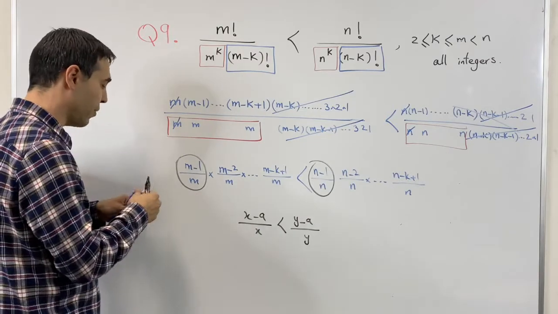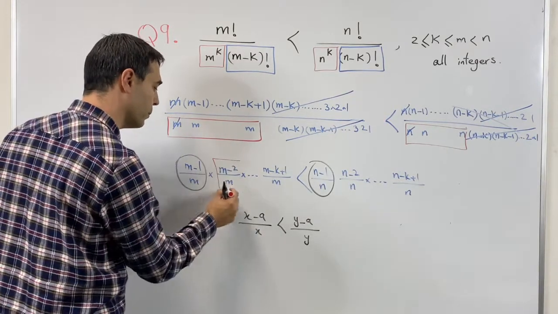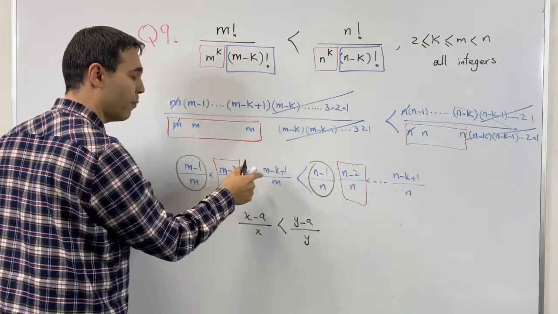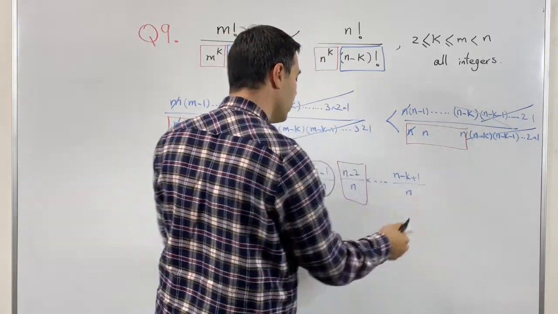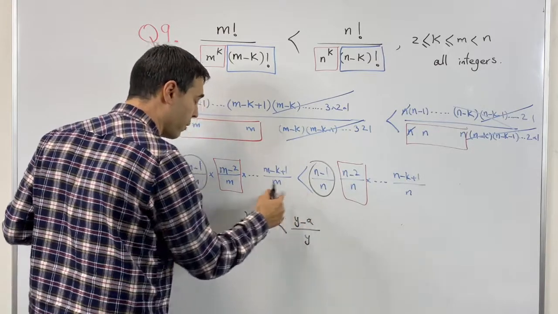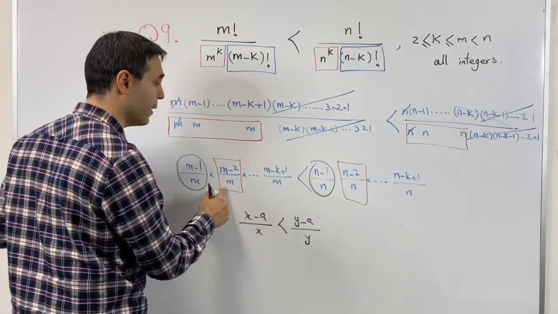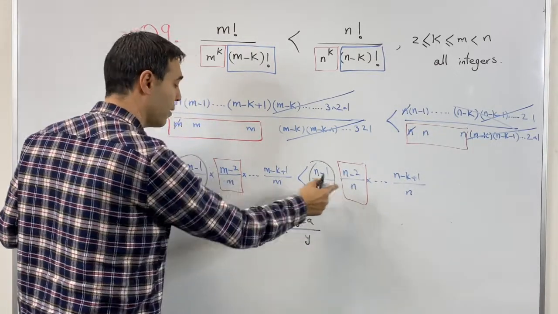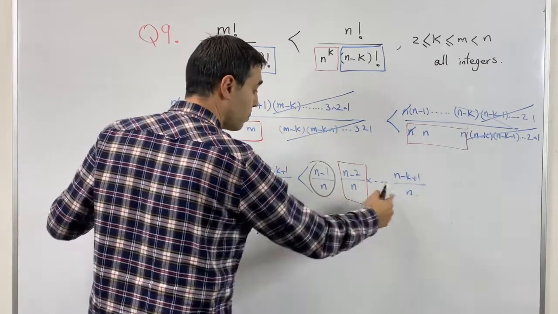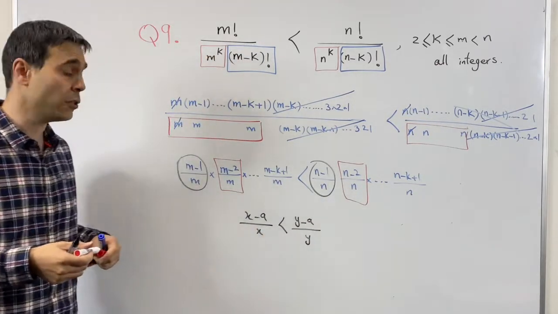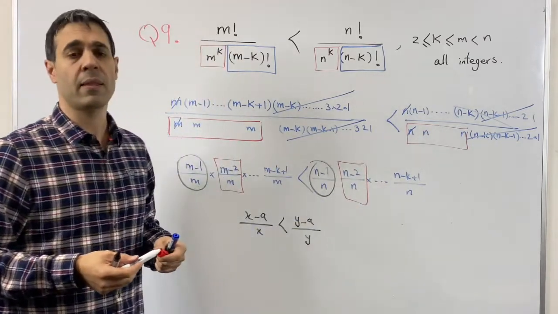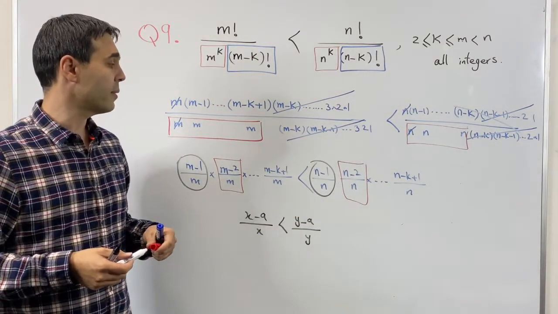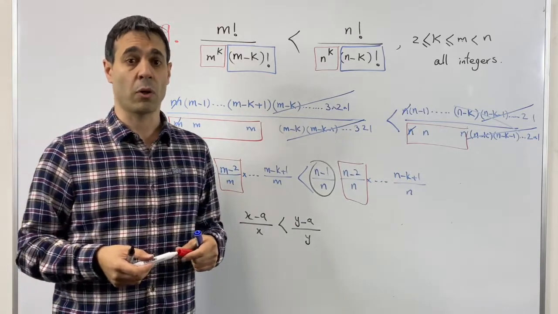We know the same thing with the second term, and again for the third term. So we have k terms here, k terms here, and we know each of them. The first one is less than this. The second one is less than its corresponding second term. The third term is smaller than the corresponding third term. So the whole thing must be less than the right-hand side, and this completes our proof.